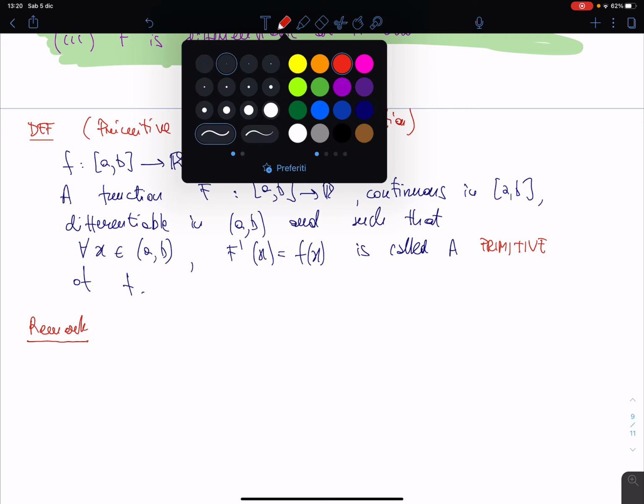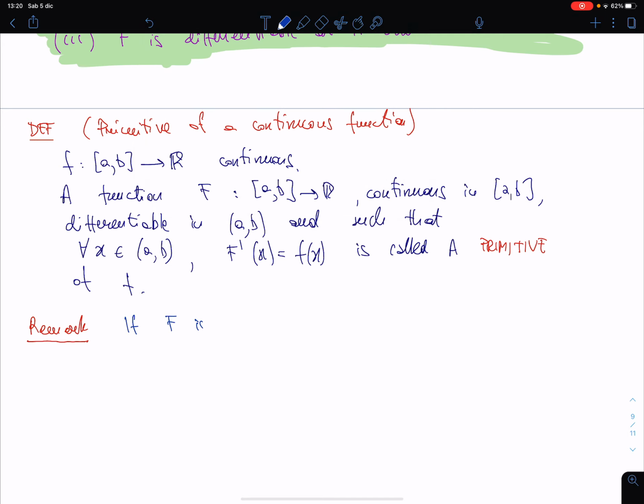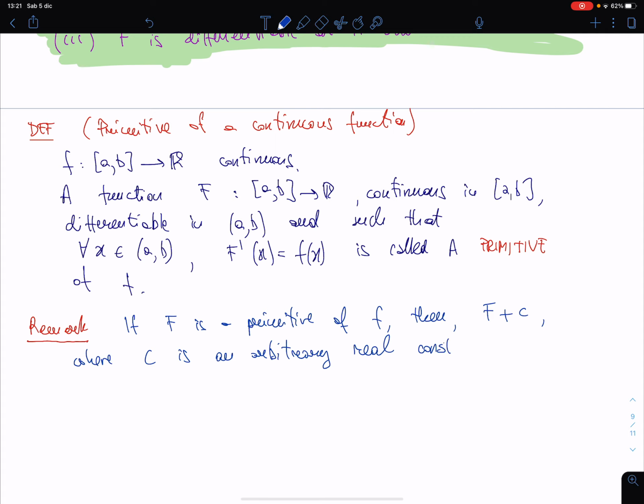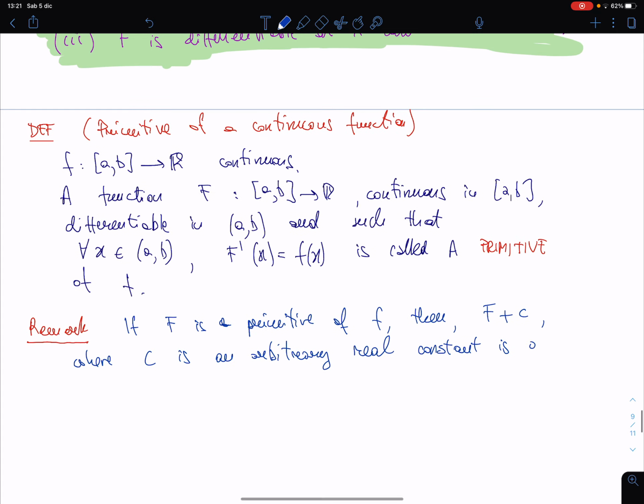if capital F is a primitive of small f, then the function capital F plus C, where C is an arbitrary real constant, is a primitive of small f too.